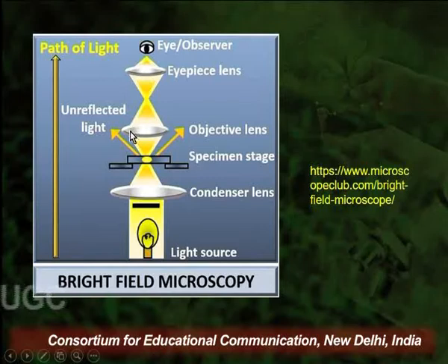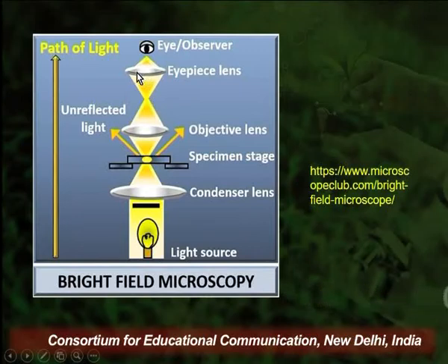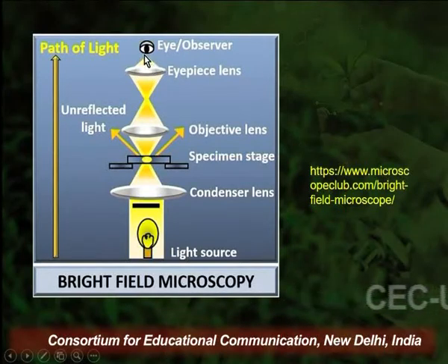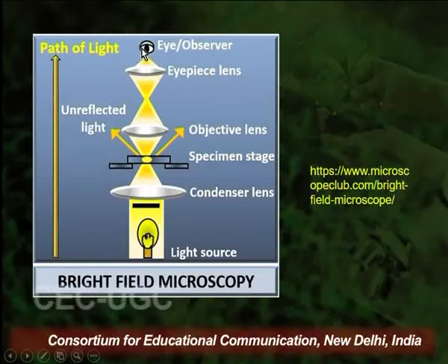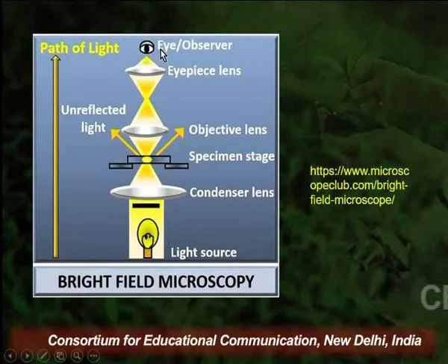These objective lenses converge this light beam, and then it passes through a third set of lens called the eyepiece. The eyepiece then finally forms an image of the specimen which is observed by the observer's eye, or it can be recorded with a digital camera as well.